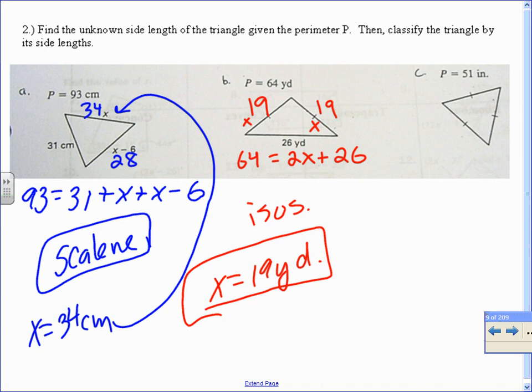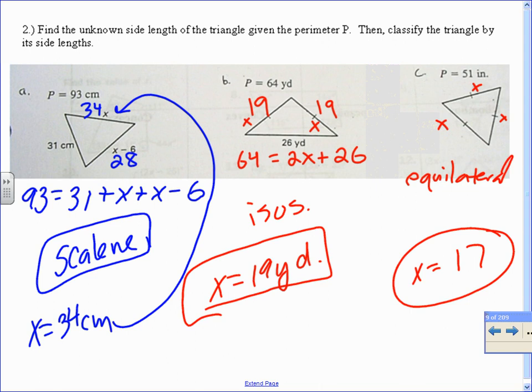All right, letter C. Mary, what'd you get? Awesome. The sides are all 17, and it is equilateral. If it's equilateral, what else is it? Briar, what else is it?